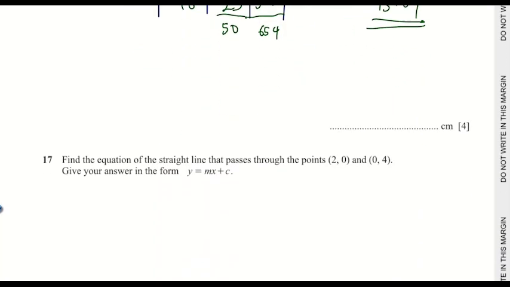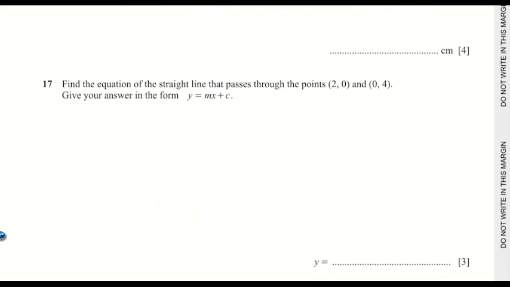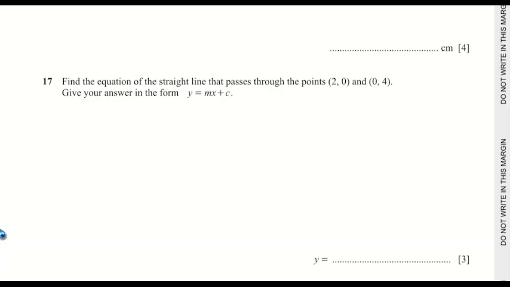So let's go to question 17. Find the equation of the straight line that passes through the points (2, 0) and (0, 4). Give your answer in the form y equals mx plus c. So we can say x1 equals 2 from this point, and y1 equals 0.